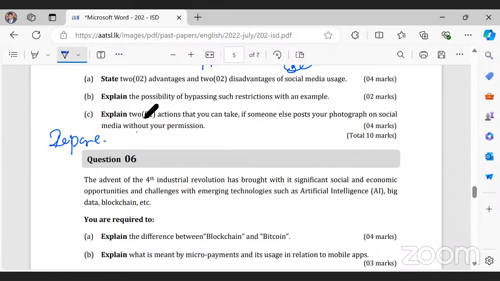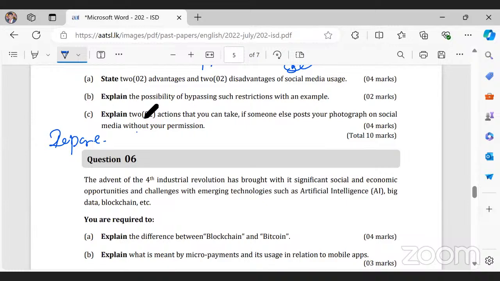Now, normally we can say the blockchain is a decentralized ledger that records transactions across many computers in such a way that the registered transactions cannot be altered, and this technology ensures the security, transparency, and immutability of these transactions, right?